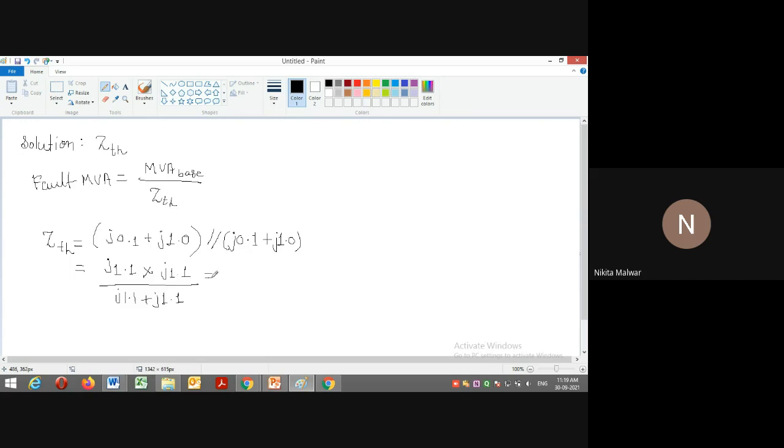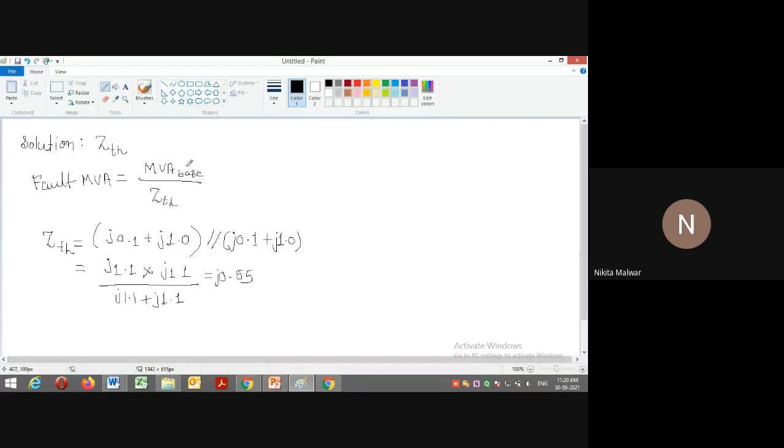On calculating this, you find the total Thevenin's impedance is J 0.55. Let us put this value into the equation.